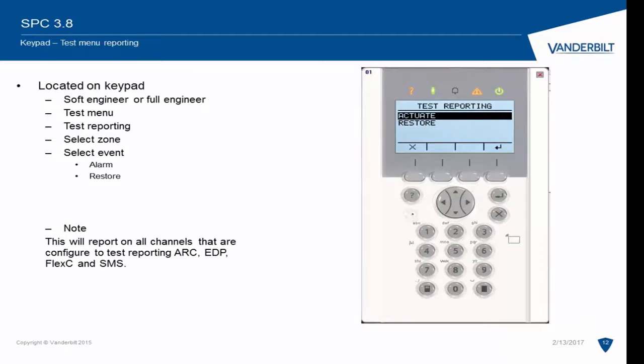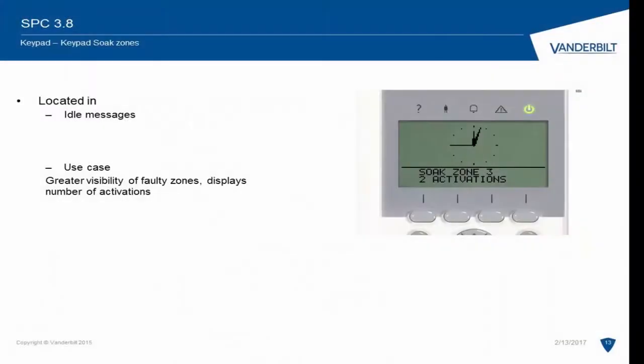All these test transmissions are sent over EDP and Flexi and SMS also, so you're testing all forms of transmission in these menus. So no need to set off bells anymore when you want to test a burglary alarm, which is kind of useful. Correct.